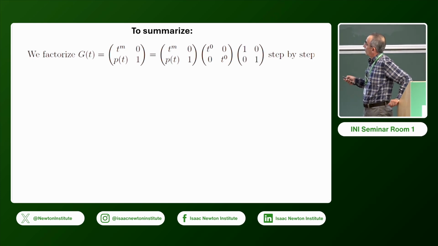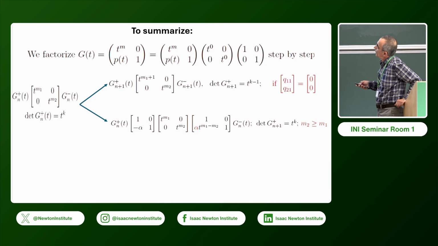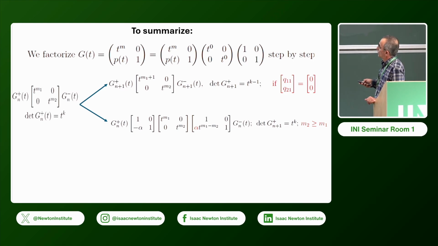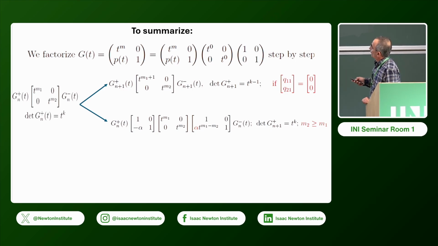So let me finalize what happens. We have this intermediate stage here where the determinant is t to the power k for some k, and we have two options: either one of the columns is 0, and then we use this step, or if none of the columns is 0, then we use something similar to this, and we come to the next stage, and the determinant will be the same, but one of the columns of this will be 0 after this step.